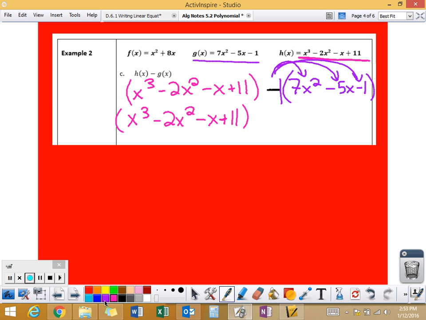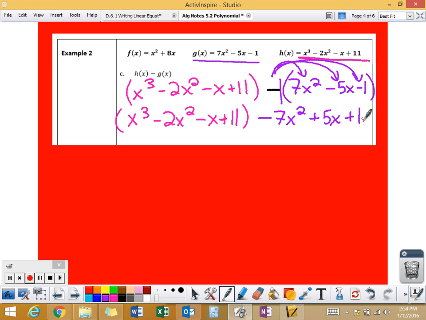And then when I distribute this negative 1, I get negative 7x squared. Negative 1 times negative 5x would turn into a positive 5x. And the negative 1 times the negative 1 turns into a positive 1. Whenever I'm subtracting, it changes the sign of everything, and I do the opposite.